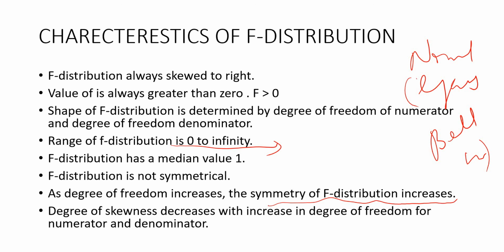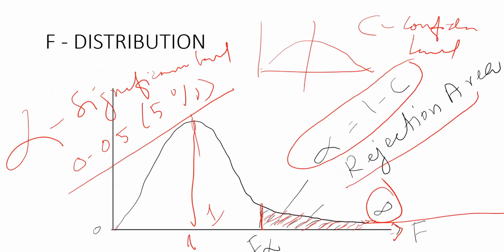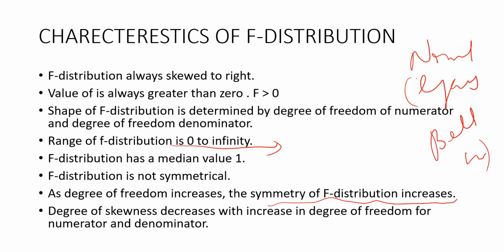Actually, the F distribution is not symmetrical, but it tries to become more symmetrical as the degree of freedom of both numerator and denominator increases. That is, the degree of skewness decreases with increase in degree of freedom for numerator and denominator.